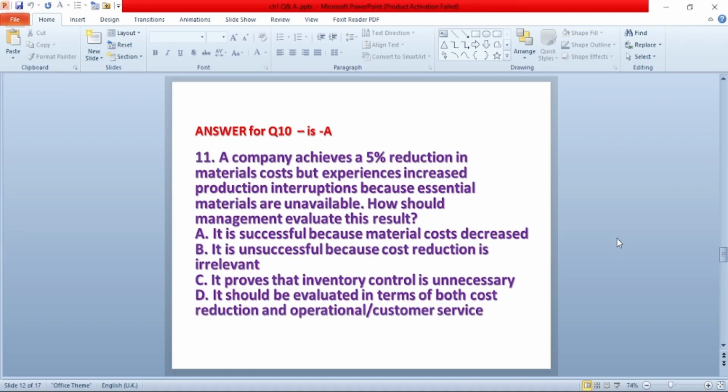C. It proves that inventory control is unnecessary. D. It should be evaluated in terms of both cost reduction and operational or customer service. The answer for this question is D. It should be evaluated in terms of both cost reduction and operational or customer service.